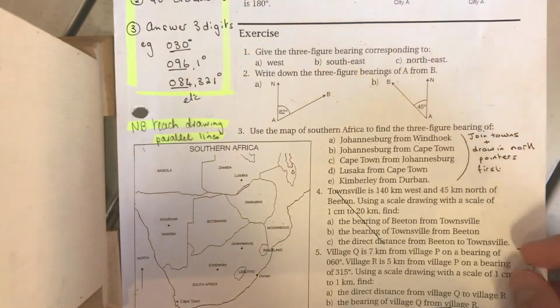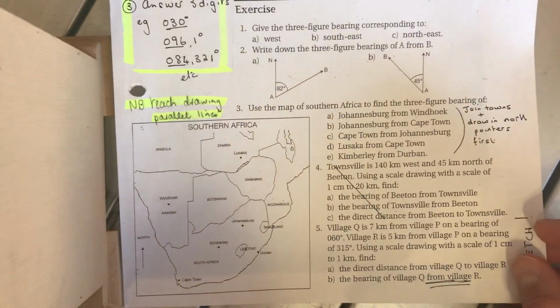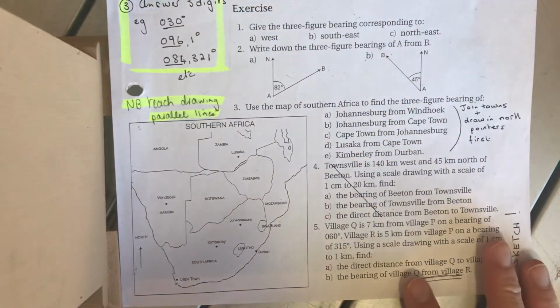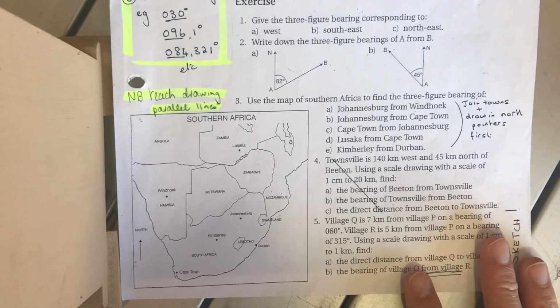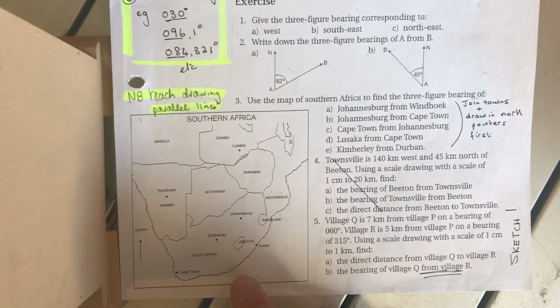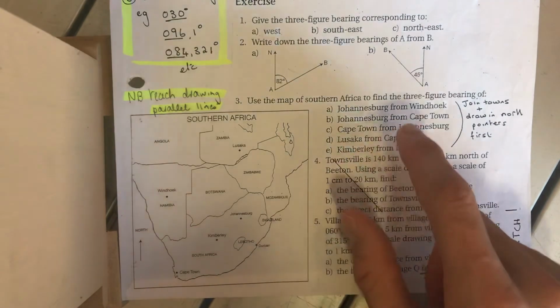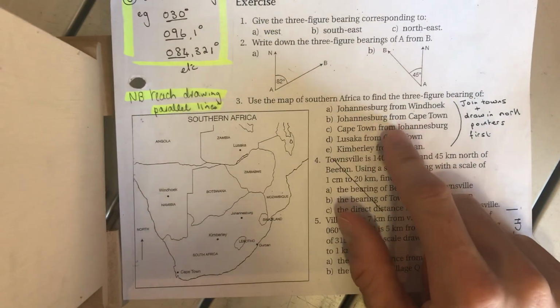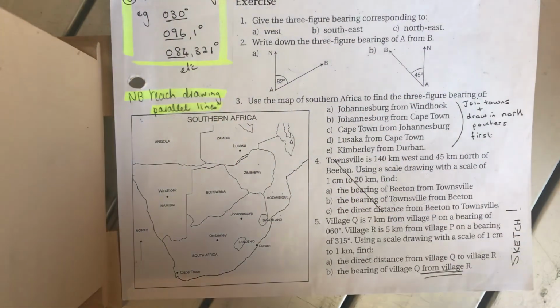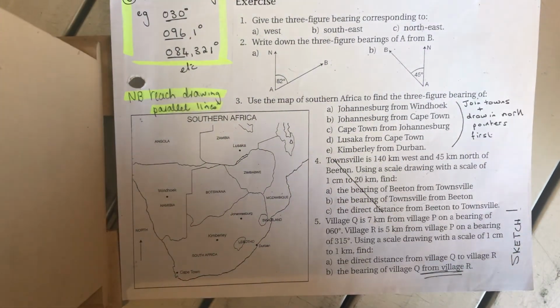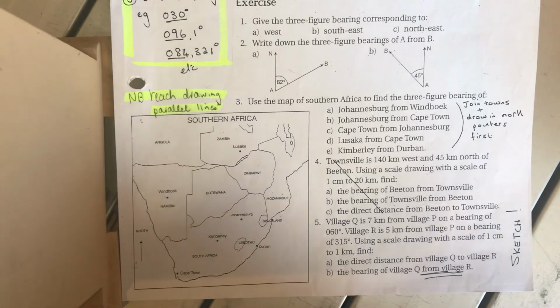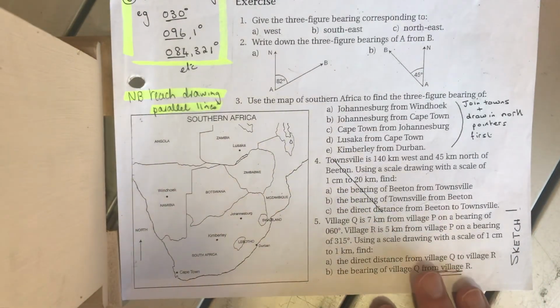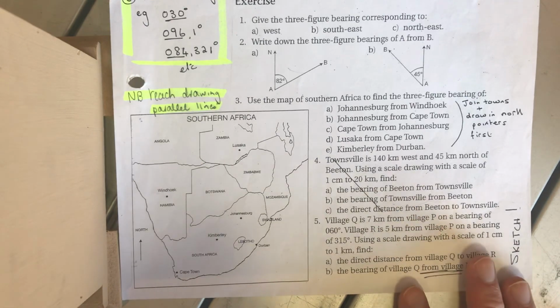And then what I want you to do is this exercise, and you can try and do question 3. Actually, for all of these you'll need a protractor, and you'll need the hard copy. So I can send a photo and maybe you can print it out and then do it. Okay, that's the best idea.